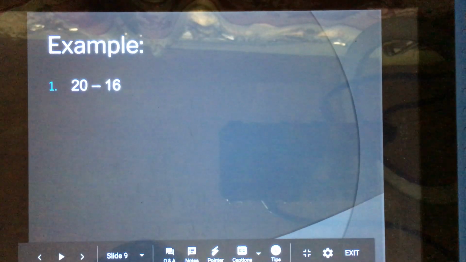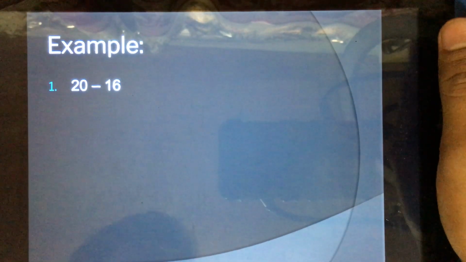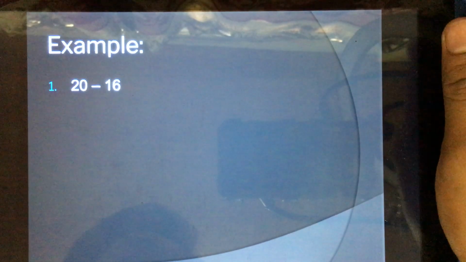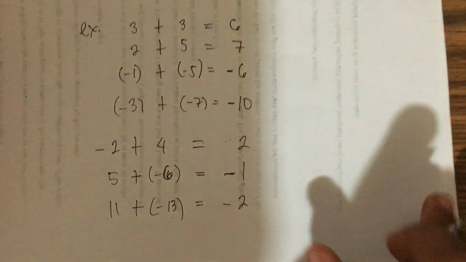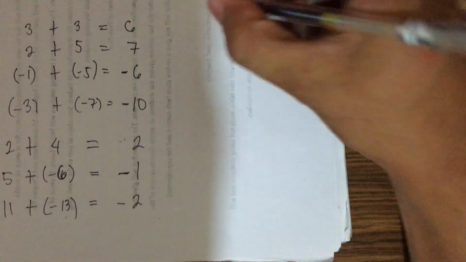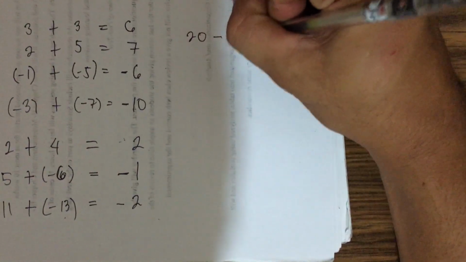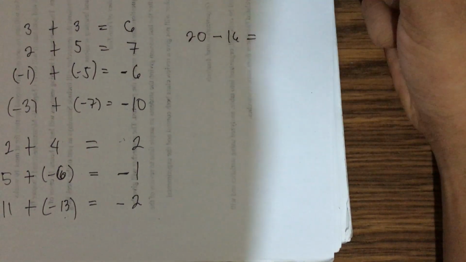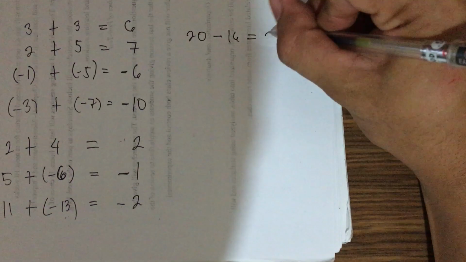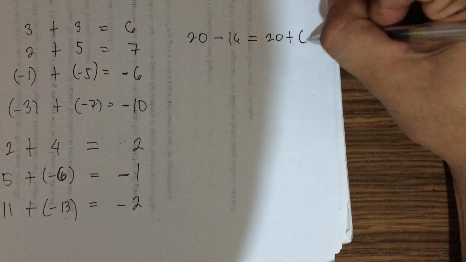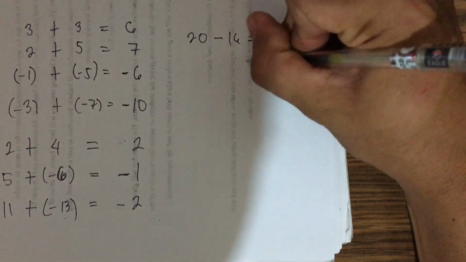20 minus 16. In this case, we just need to follow the addition rule. We could rewrite 20 minus 16 as 20 plus negative 16.